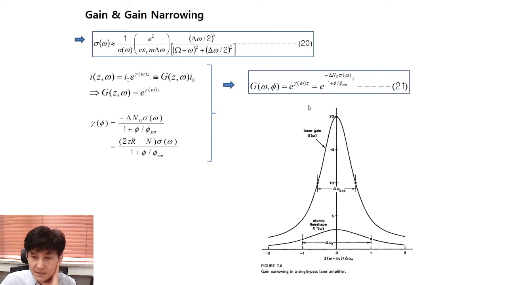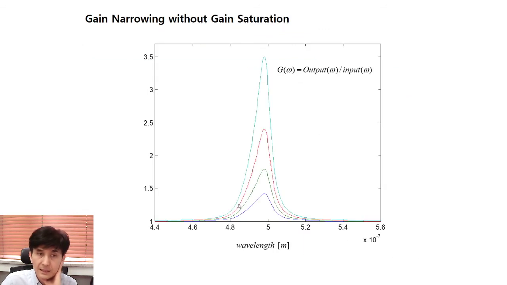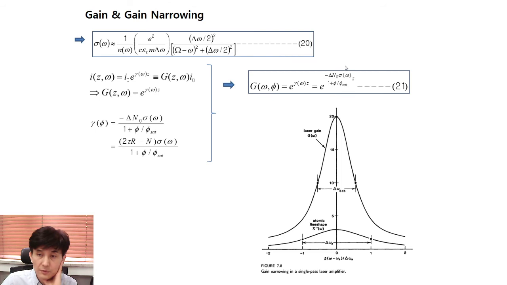As z increases, the gain curve becomes sharper and sharper as a function of frequency or spectrum. That is called the gain narrowing effect, because the absorption coefficient or the cross section of an atom is related to the gain curve with this exponential relation.